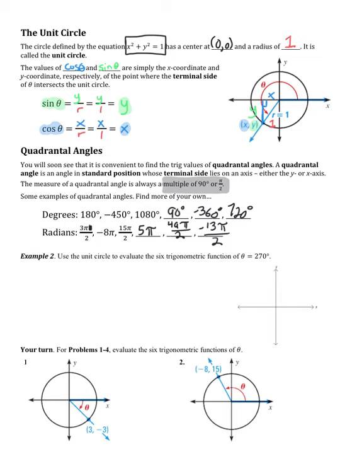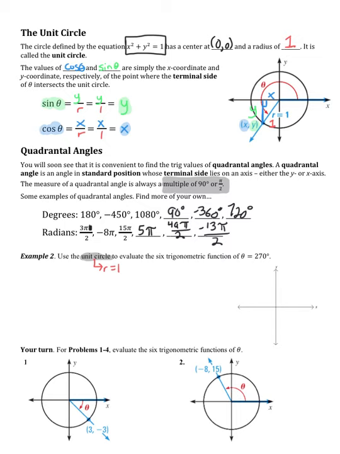Okay, so a lot of new vocabulary today. Unit circle, we've learned about these reciprocal identities, and now this quadrantal angles, but quadrantal angle just means multiples of 90. And this is how we use a quadrantal angle. When we're dealing with a unit circle problem, that tells us the radius is 1.